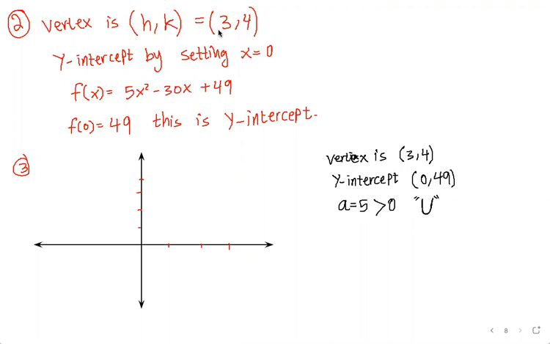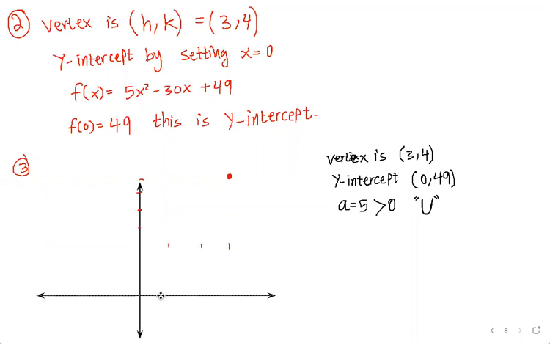So now let's graph it. At (3, 4) is the vertex, around here, and the intercept is at (0, 49). Let me shift everything down.